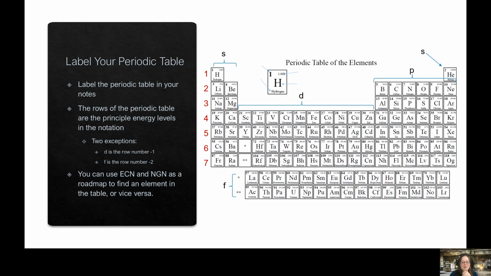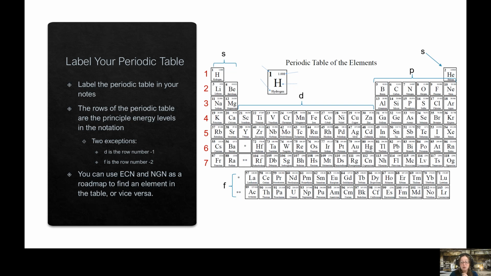And your F block elements are the 2 rows that are pulled out of the table. And so if you look at this table, you've got an asterisk and a double asterisk. And that means that these 2 rows actually go in that space. So the top one will be in the 6th row and the bottom one is in the 7th row, which means that their principal energy levels are 4 and 5. Okay, that's as high as the F block goes.